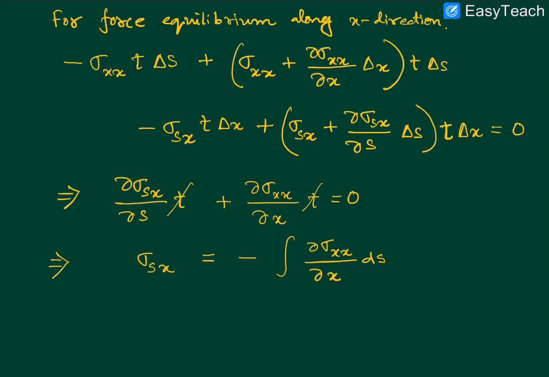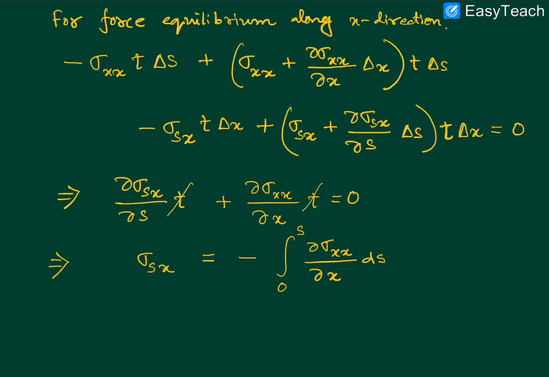But what we can do alternatively is we can consider this integration to be done from the point s equal to 0 to the point s equal to s. I repeat, we can consider that we are doing this integration from s equal to 0. So let me write that down. We're doing the integration from 0 to the generic point s.